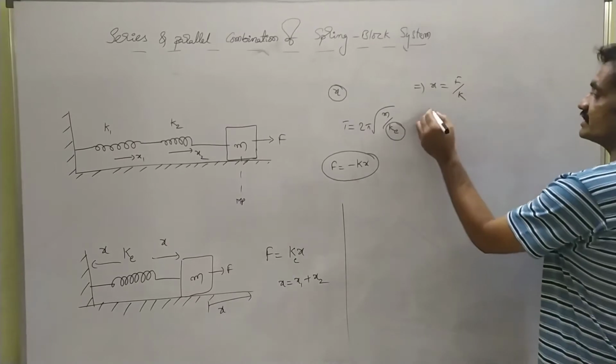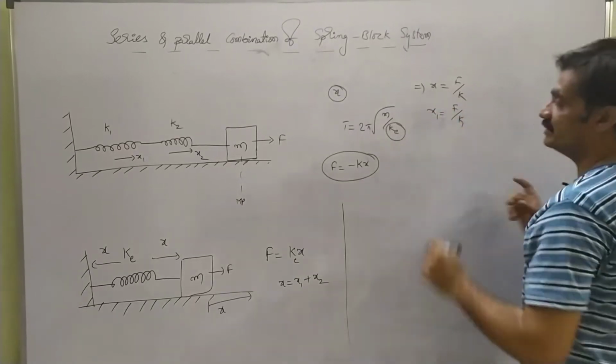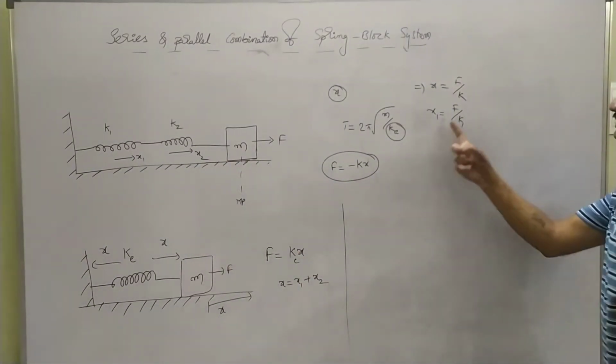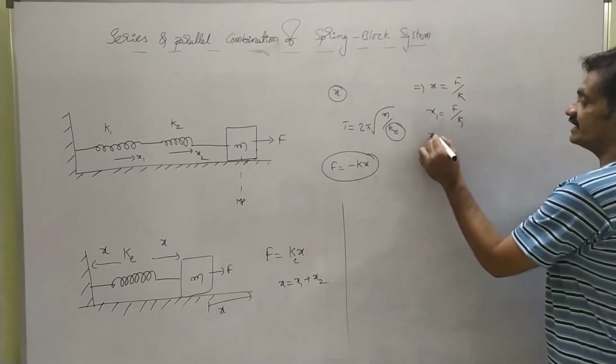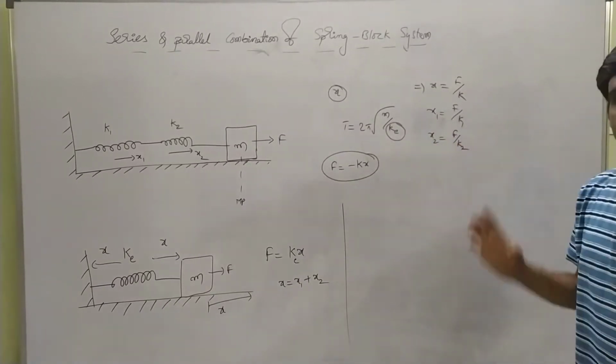As we consider this equation, then here we can represent x1 equals F by k1. Why? Because the same amount of force is acting on both the springs. So here we can represent x1 equals F by k1 and x2 equals F by k2.